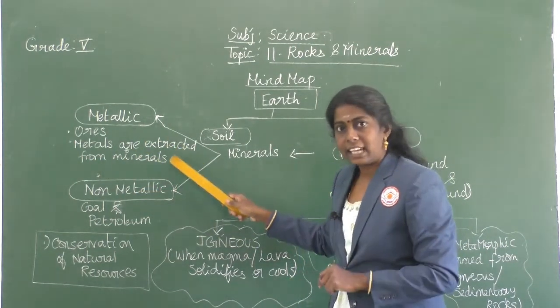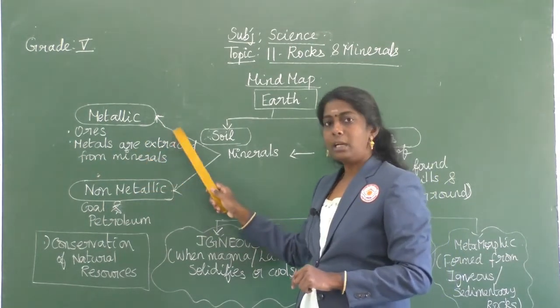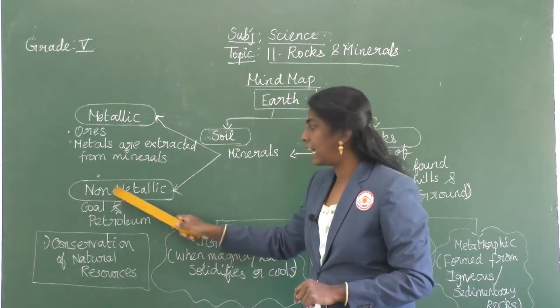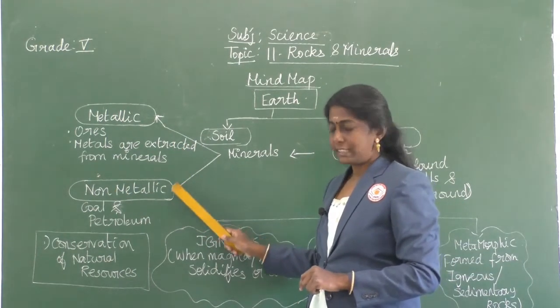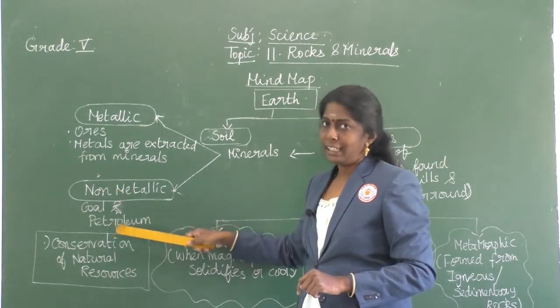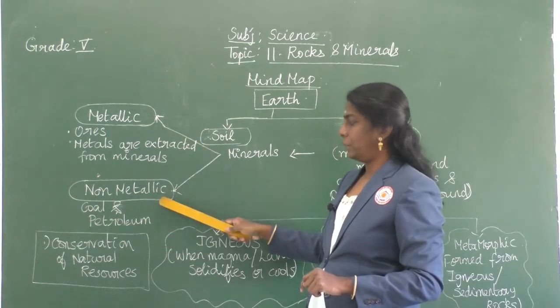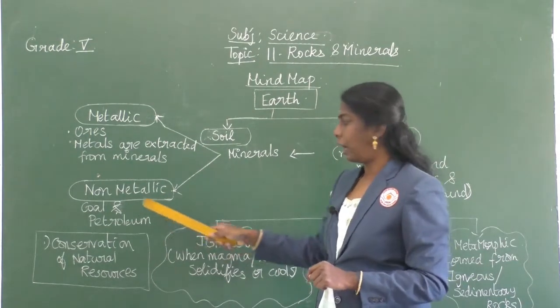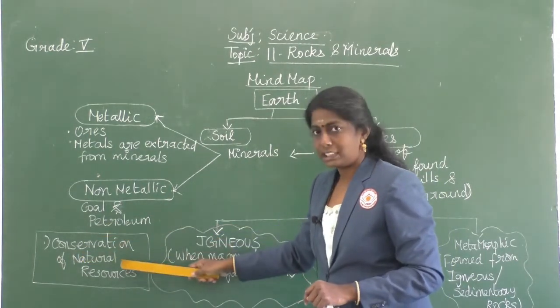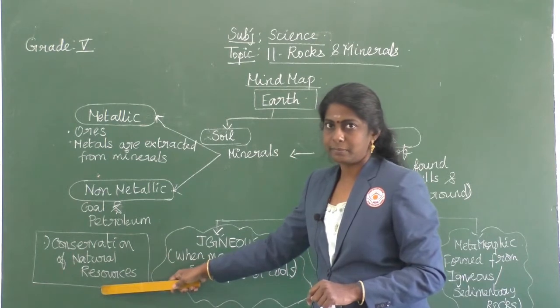The second type is non-metallic minerals. The best examples are coal and petroleum. Apart from this, we are also going to learn about conservation of natural resources.